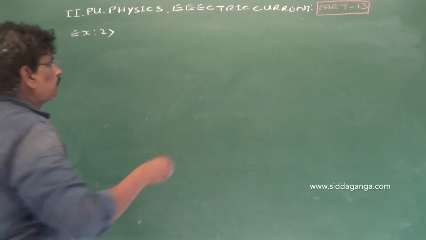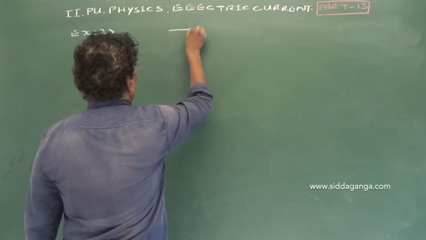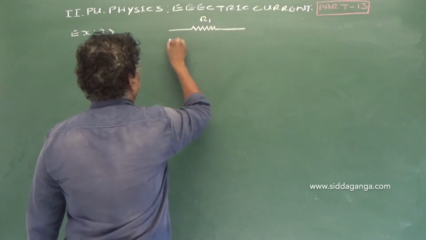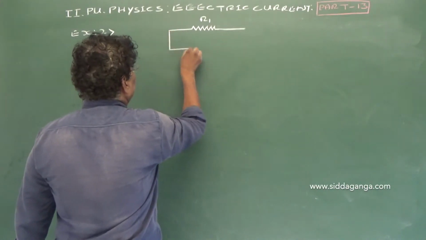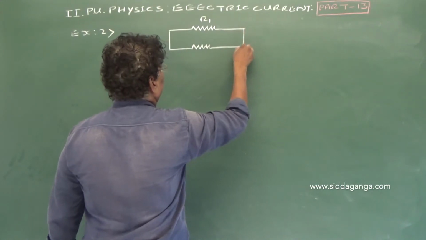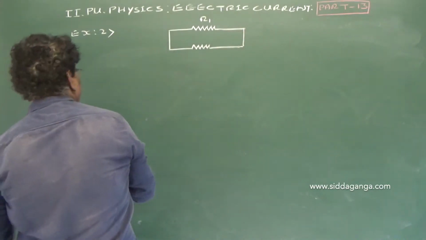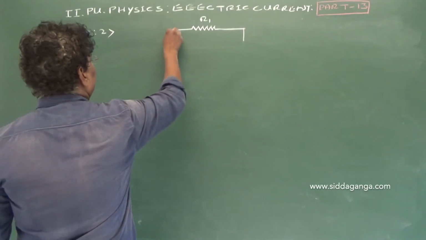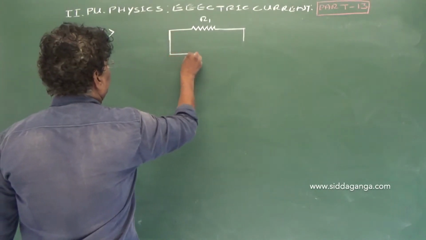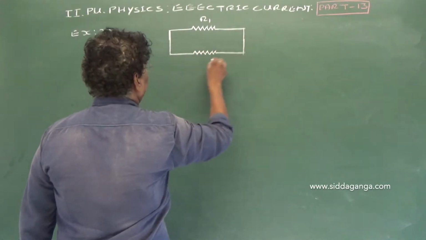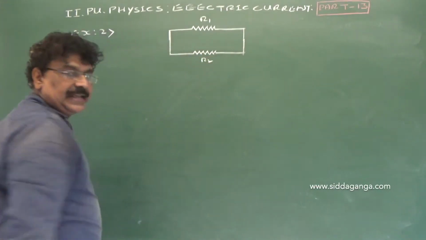We will take example 2. Now we have two resistors R1 and R2 connected in parallel.